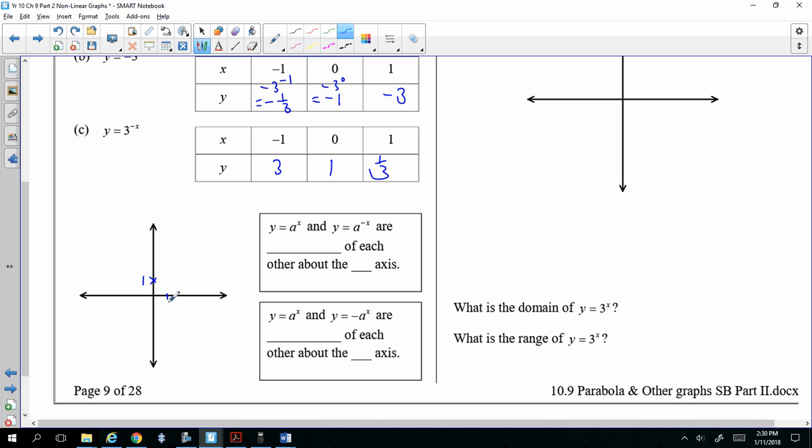So you have the exponential graph for y equals 3 to the power of x. Now I'm going to use a different color pen for the other one, which goes downwards. At negative 1, I think it's over here, and it goes that way.